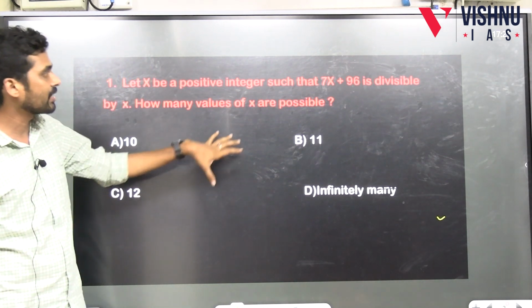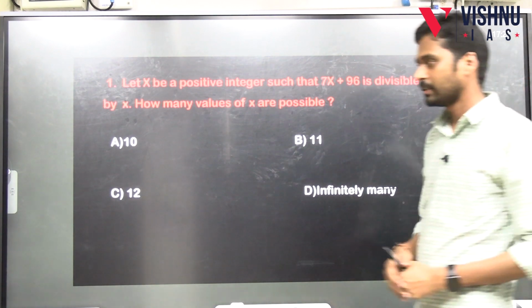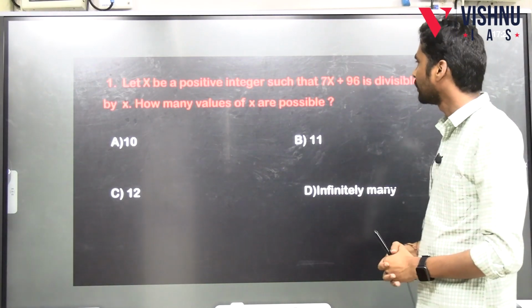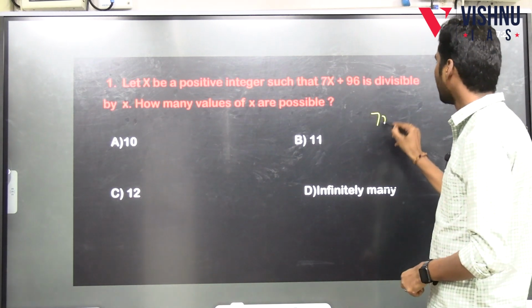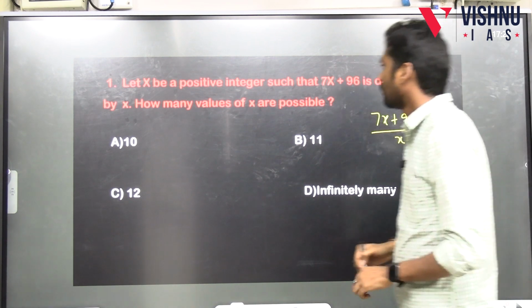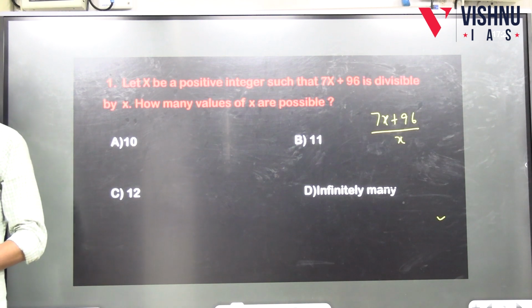How many values of x are possible for this one? Write it please, because it is the 2023 paper.